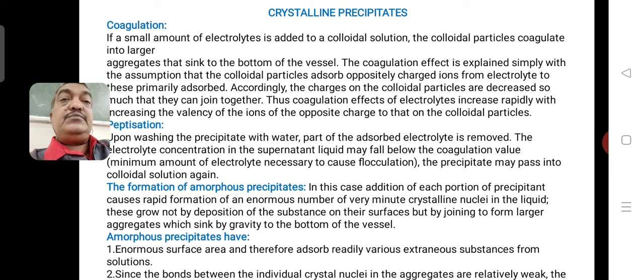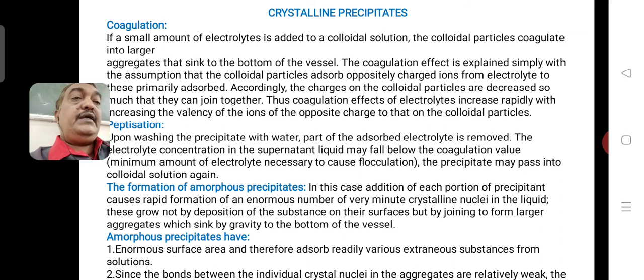Coagulation. If a small amount of electrolyte is added to the colloidal solution, the colloidal particles coagulate into a larger aggregate that sinks to the bottom of the vessel. Okay, when an electrolyte is added to a colloid, it becomes larger in size and sinks to the bottom.